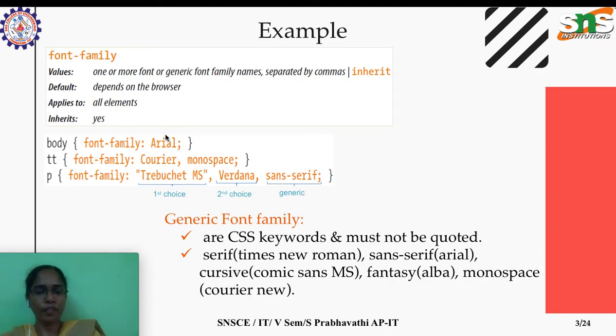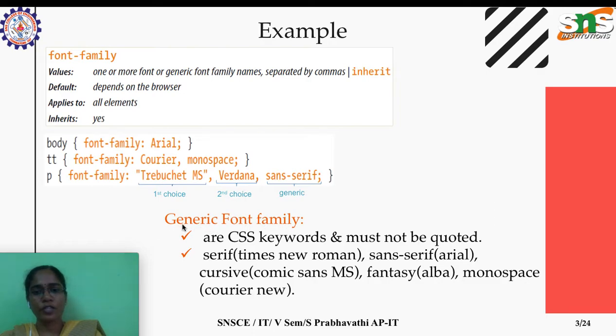These are some examples of font values. Arial, Courier, Monospace, so a number of choices are there, and we need to get to know what the available fonts are. The font we need to mention within double quotes, with one exception called generic font family.